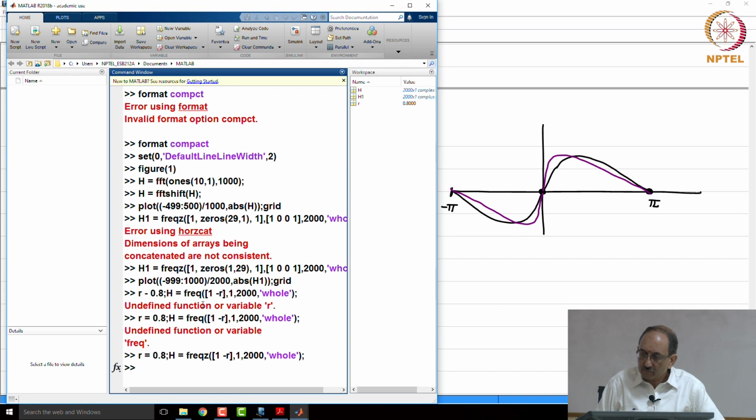All right. Now, phase response 1 is the angle of the frequency response. Remember, frequency response is complex, so I am using MATLAB's angle command to get the phase.